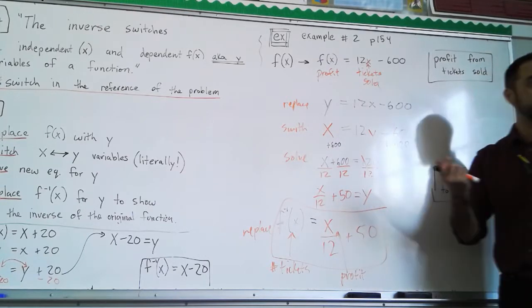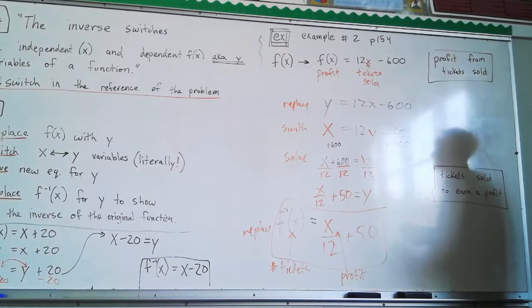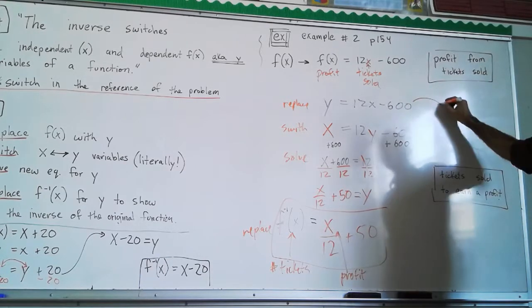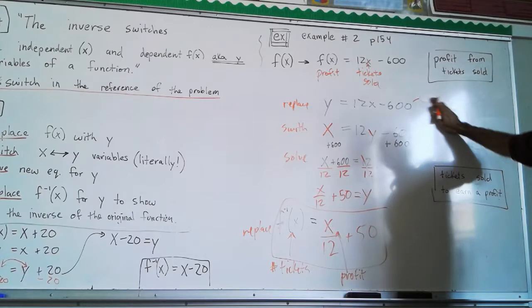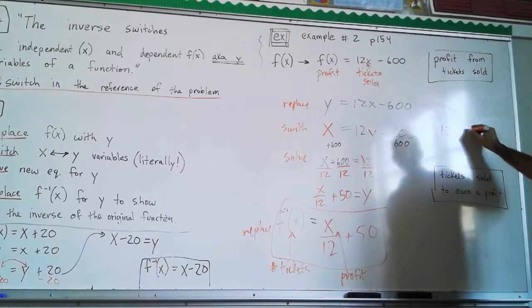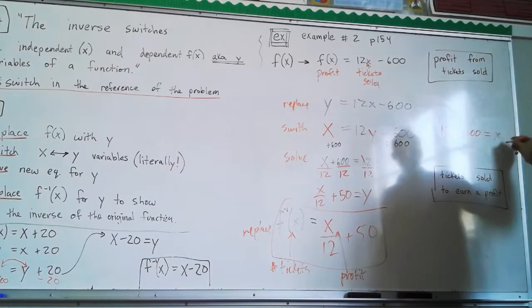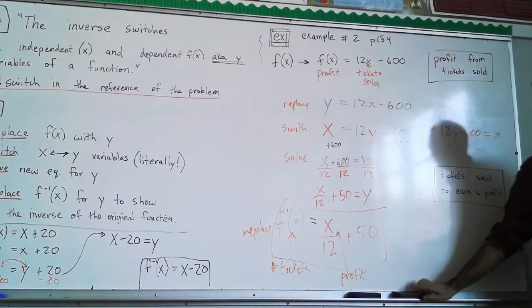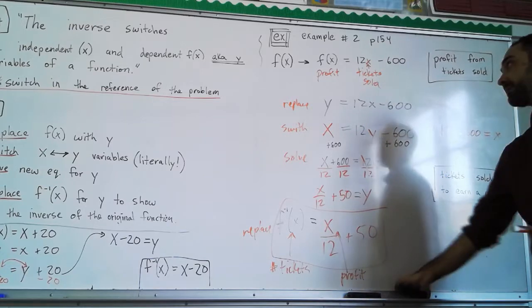So if it helps you, and you heard what Mara said and you agree, then after you replace it, just write 12y minus 600 is equal to x. Maybe that'll be a little helpful because y is on the left side now. If it's not, don't do it. It is working in a slightly different way.